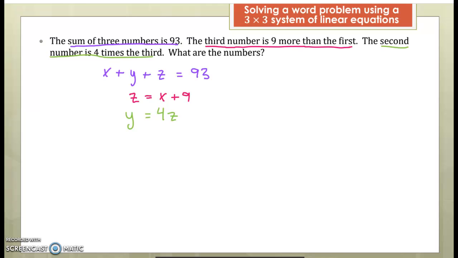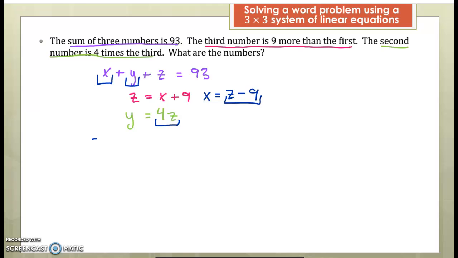For this one, I am going to go ahead and put everything in terms of z, because I have y in terms of z, and x I could put in terms of z by subtracting 9 on both sides and getting x equals z minus 9. And then I can go ahead and plug in y here and x here in terms of z, and then I have one equation with only z in it.